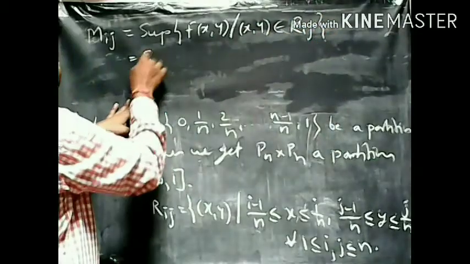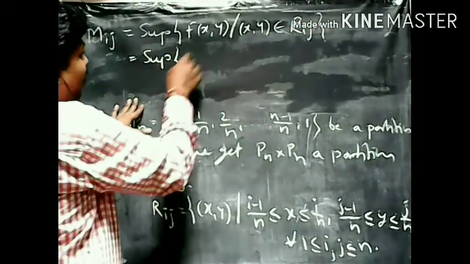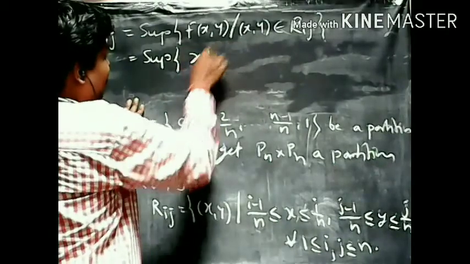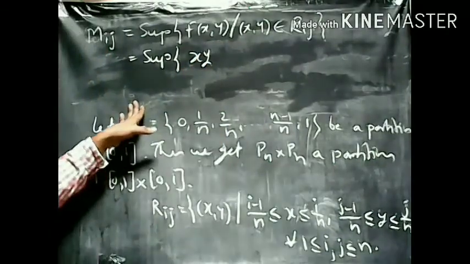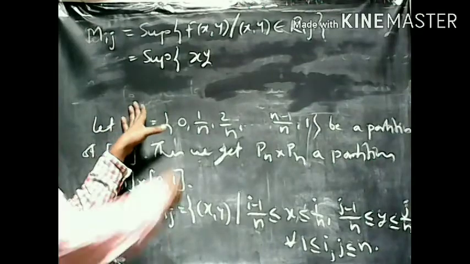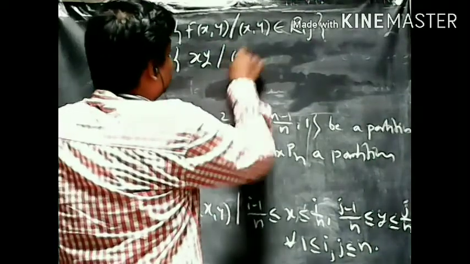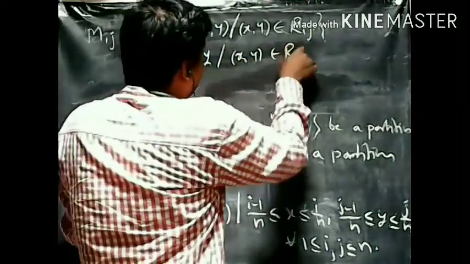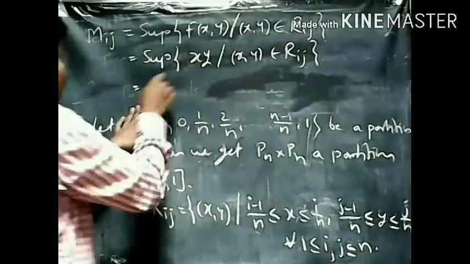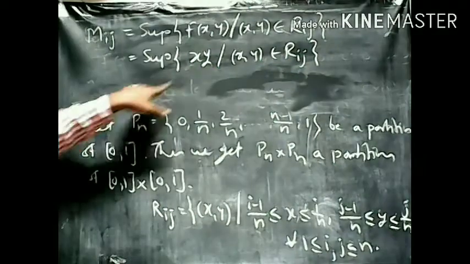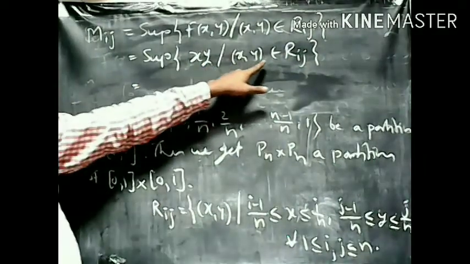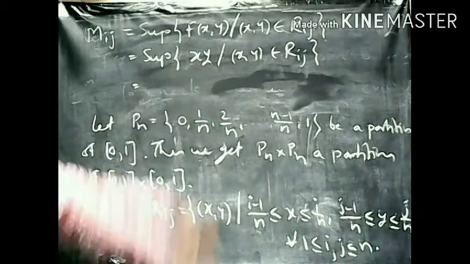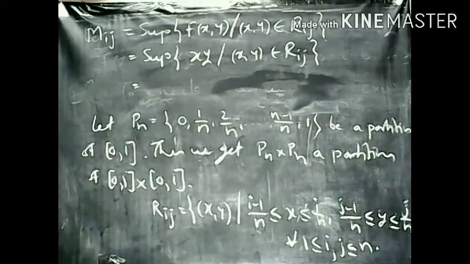So that will be equal to the supremum of, since f is defined as f(x,y) = x·y, the product x·y over Rij. What is the possible supremum?